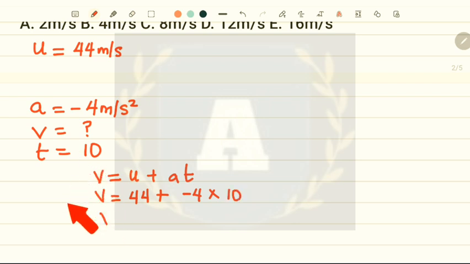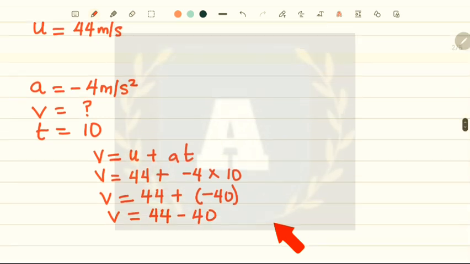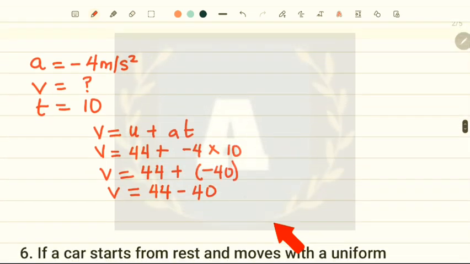So v equals 44 plus minus 4 times 10, that is minus 40. So the final velocity equals 44 minus 40. The final velocity will be equal to 4 meters per second.